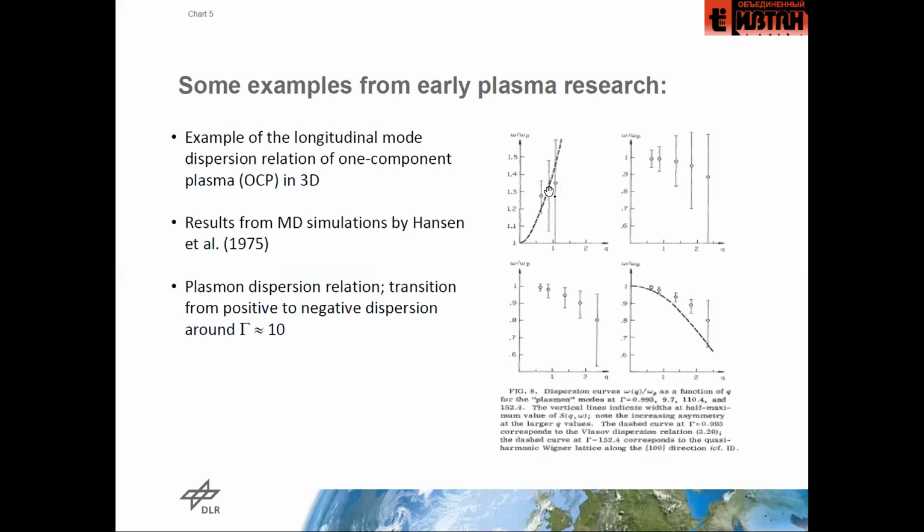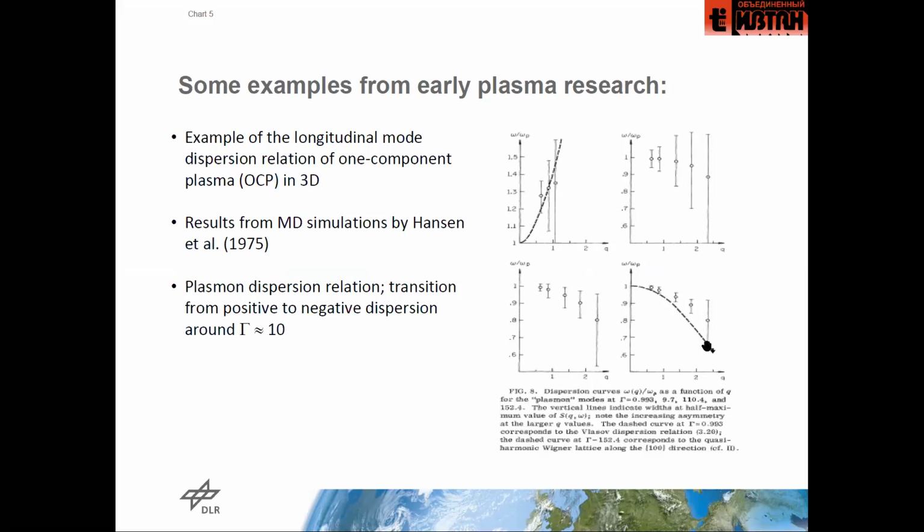So you can see here that for weak coupling, the dispersion is positive, and the frequency bends upward due to kinetic effects, basically due to the Bohm-Gross term. But when coupling becomes stronger, it provides a negative contribution to the dispersion relation, and at some point the frequencies start to decrease with kappa.